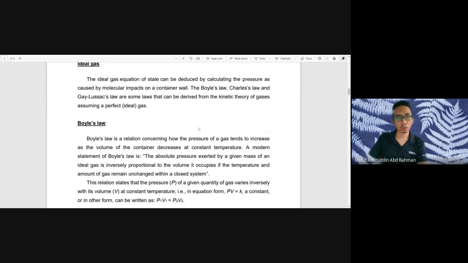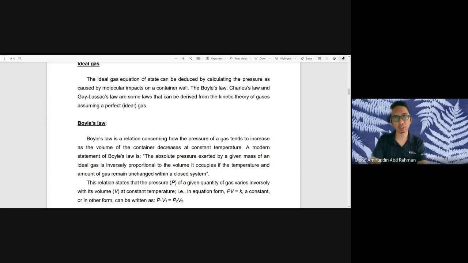So what is Boyle's law? Boyle's law concerns how the pressure of a gas keeps increasing as the volume of the container decreases at a constant temperature.